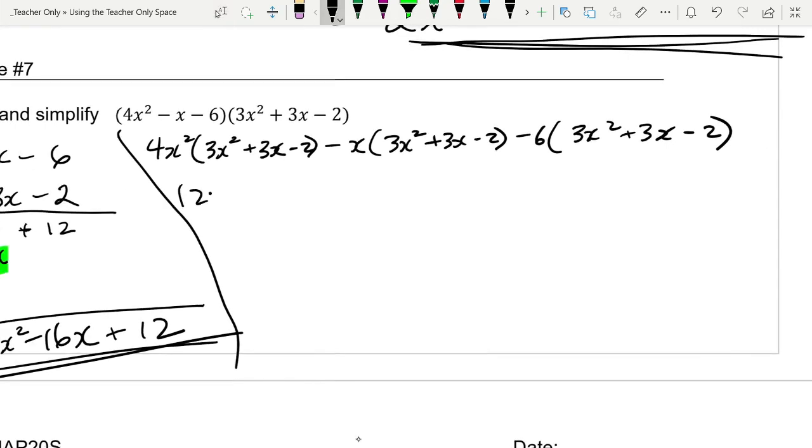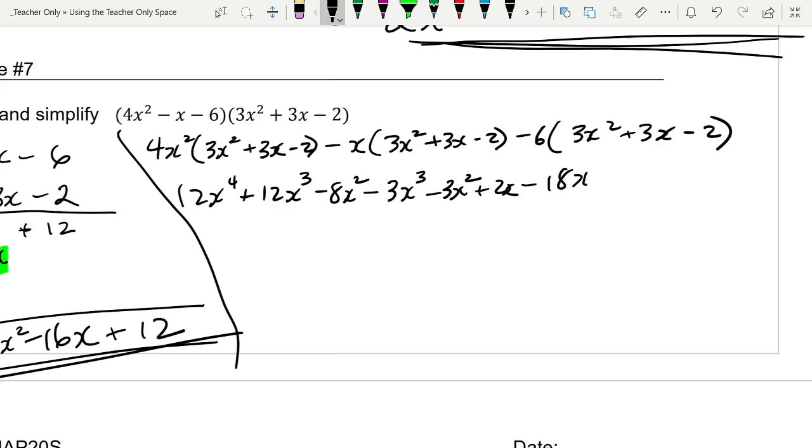We're going to get 12x to the 4 plus 12x cubed minus 8x squared minus 3x cubed minus 3x squared plus 2x minus 18x squared minus 18x plus 12. And then collecting like terms, 12x to the 4, there's a cube, that's plus 9x cubed.